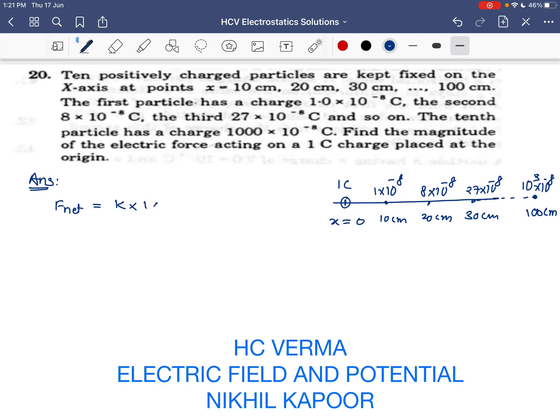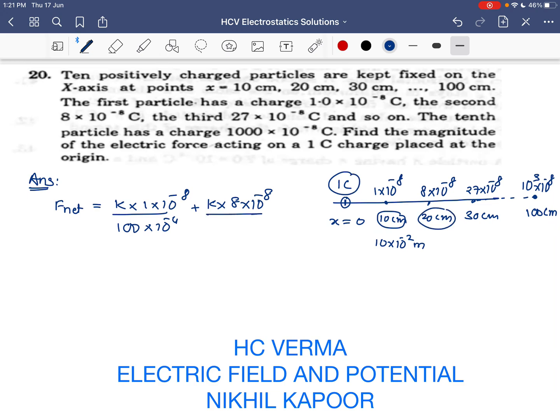I can take here k q1 upon distance 10 centimeter, so it will be 10 into 10 to the power minus 2 meter. The square will be 100 into 10 raised to minus 4, plus k q1 q2, where q1 is 1 coulomb, which is fixed so no need to write, divided by r squared. This is 20 centimeter, so 20 into 10 to the power minus 2 meter.